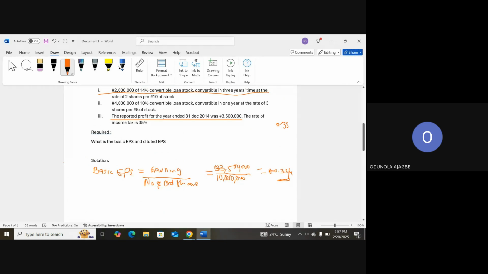If your test for dilution is higher than your basic EPS, it means that it is anti-dilutive. It means that when you are computing diluted EPS, the convertible loan stock of that Roman figure 1 will not be included.